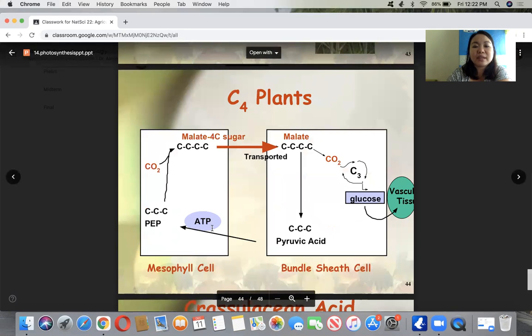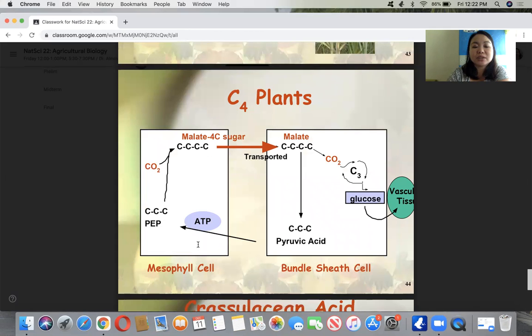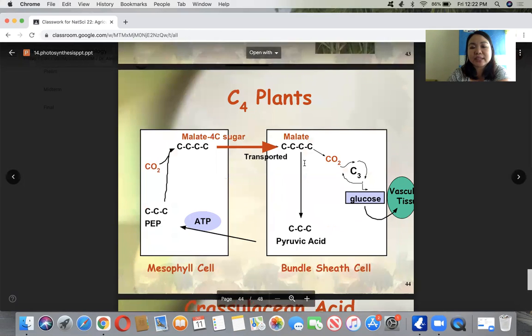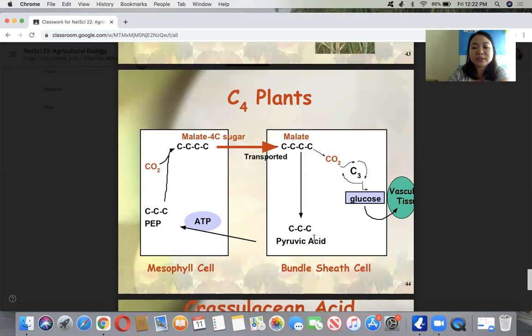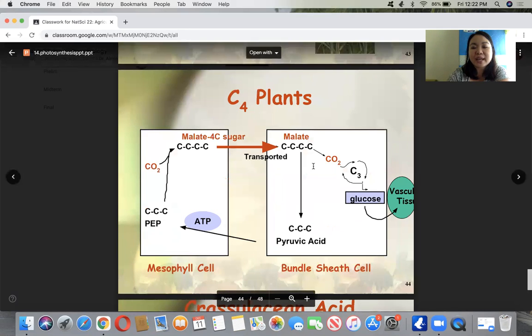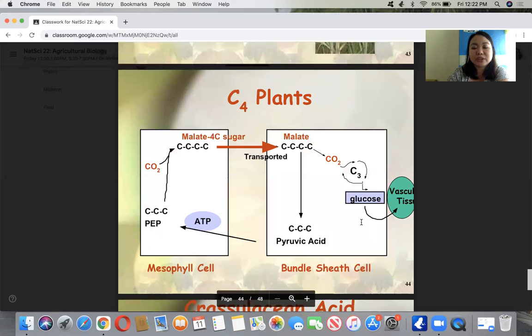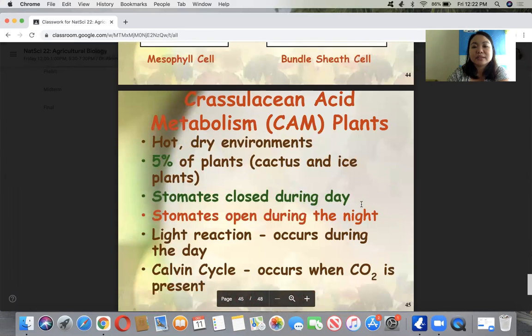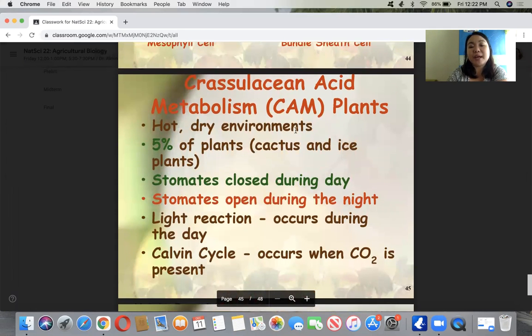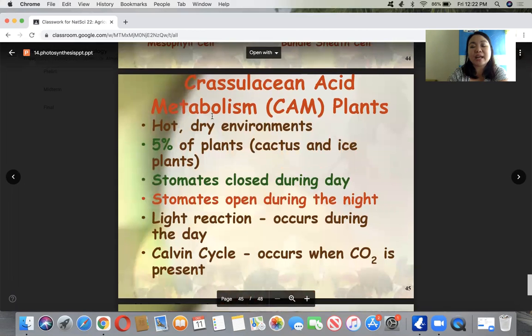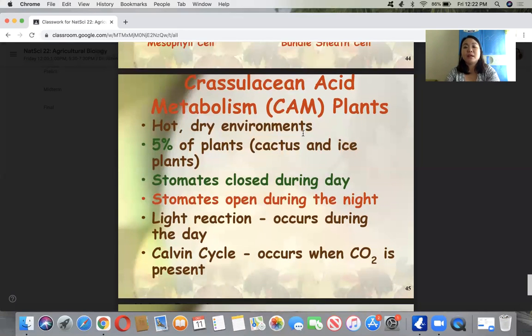So there is production of malate in the mesophyll cell and glucose through pyruvic acid in the bundle sheath cell. Another third type of plant is the crassulacean acid metabolism, or the CAM plants.